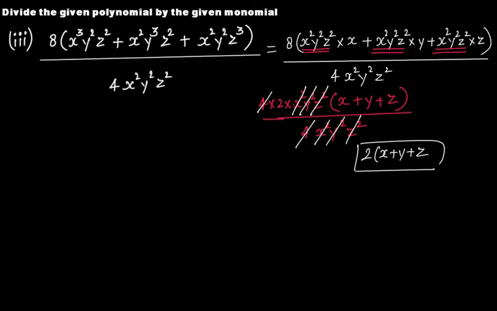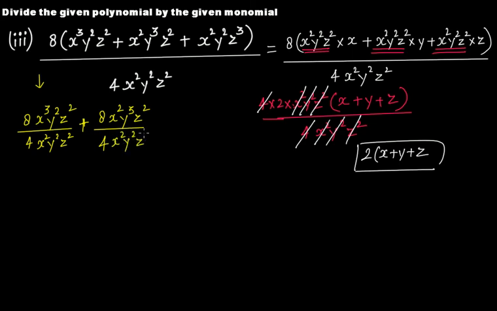This is one way. Another way can be the same one: 8x cubed y squared z squared divided by 4x squared y squared z squared, then plus 8x squared y cubed z squared divided by 4x squared y squared z squared, then plus 8x squared y squared z cubed divided by 4x squared y squared z squared.